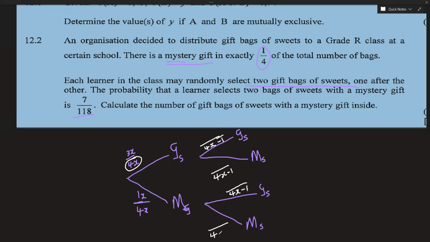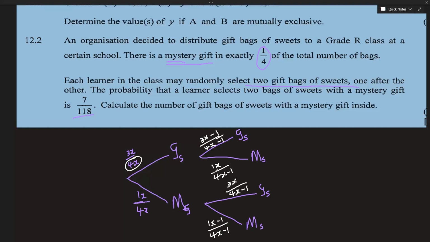Here, we firstly selected this part, so I'm going to have 3x minus 1 because I selected that part. This part will remain the same because I didn't select M there. And here, it means I started with M, so whatever was M will be 1 short now: 1x minus 1. Whatever was not M will be the same, which is 3x.